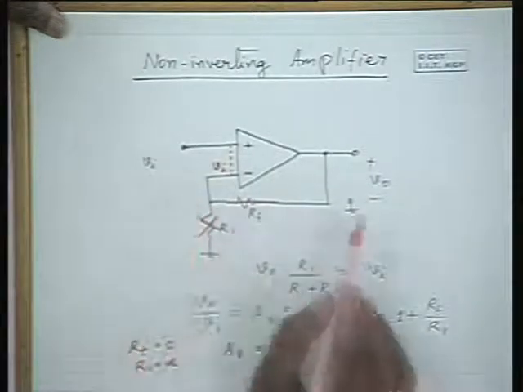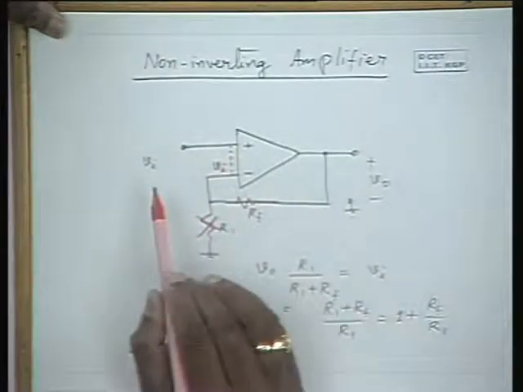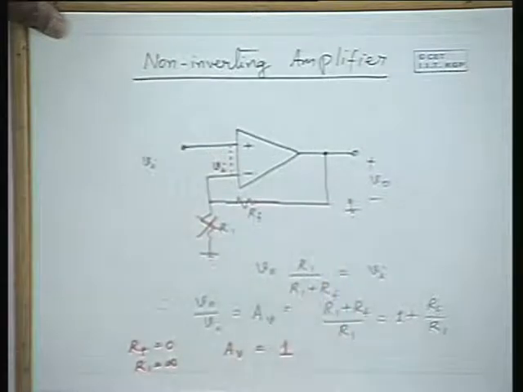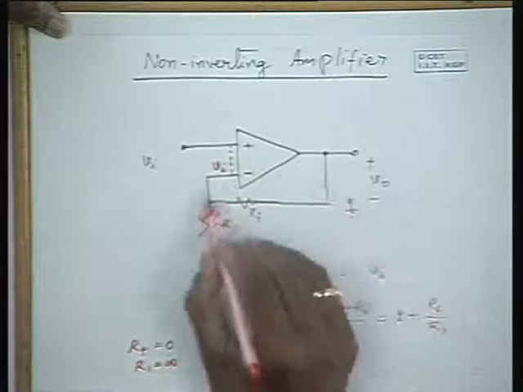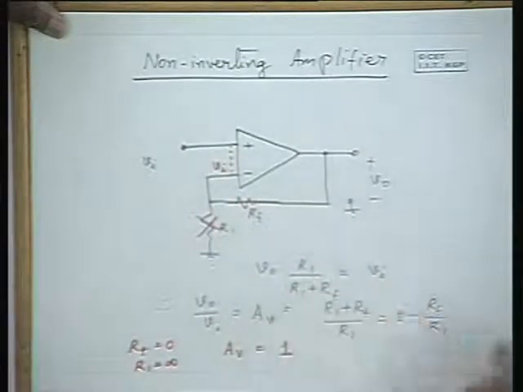It is a voltage follower, and output voltage is equal to input voltage, and the gain is equal to unity when this is directly shorted to the input.